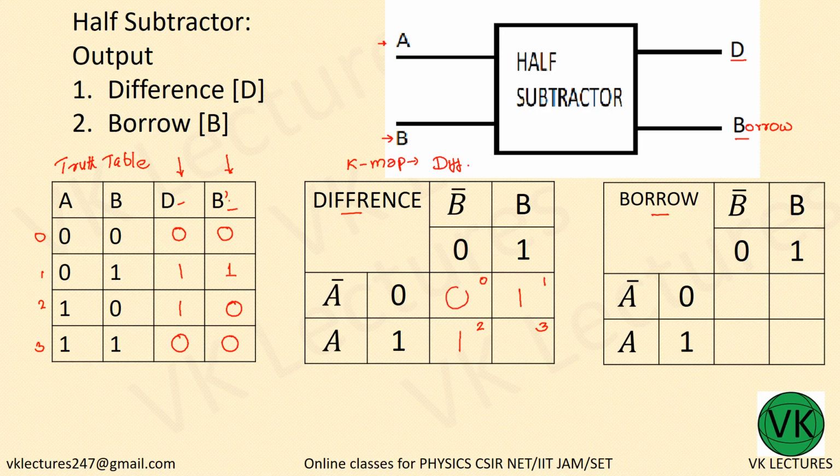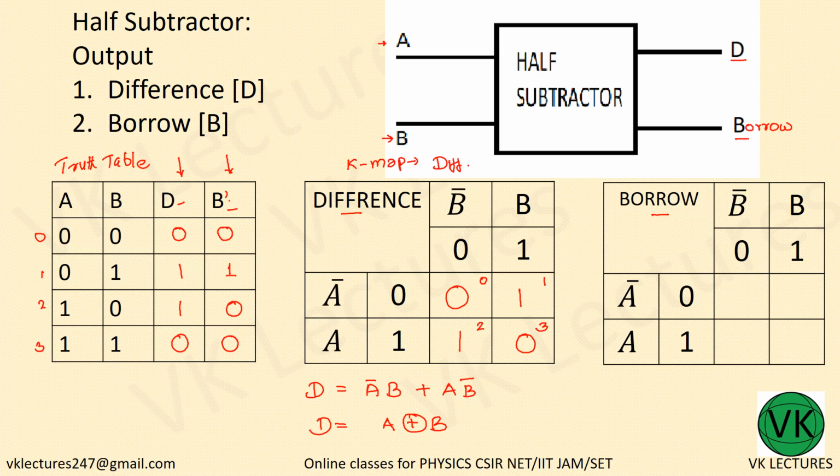Here you have 0, this is 0, so 1 and 2 means A bar B plus AB bar. So you can write it as A XOR B. So difference D can be constructed using an XOR gate.